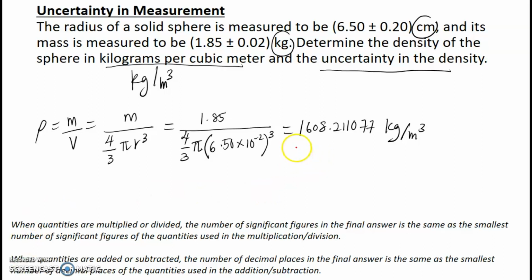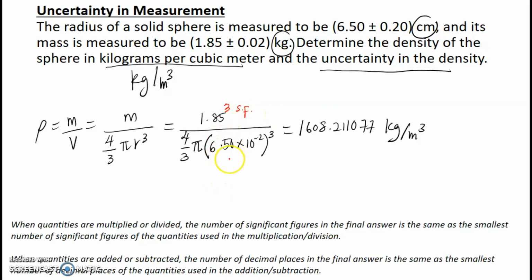Because the operations are multiplication as well as division here, the number of significant figures in the final answer is the same as the smallest number of significant figures of the quantities used in the multiplication or division. For the mass here, the number of significant figures is 3.